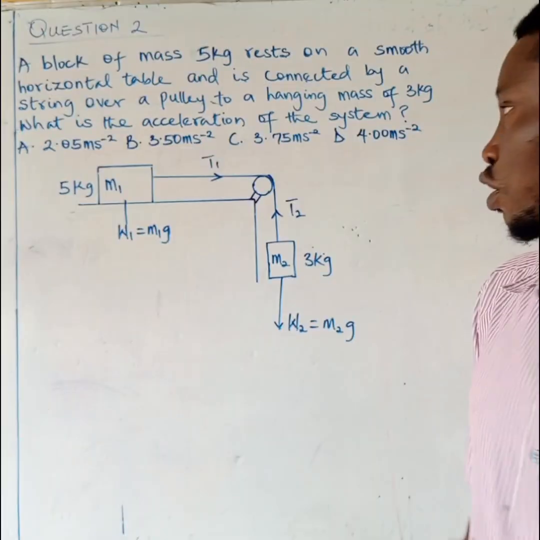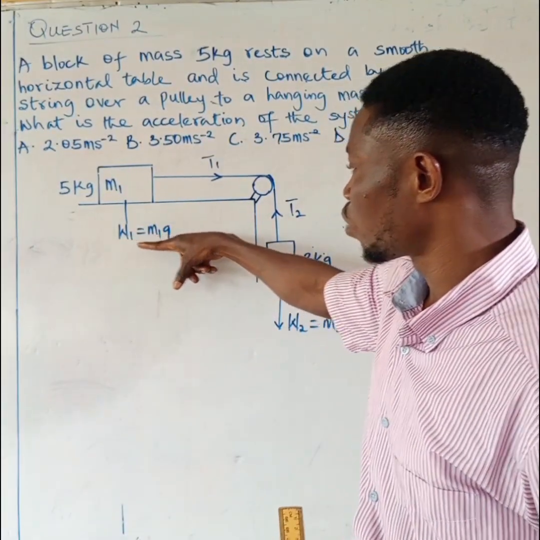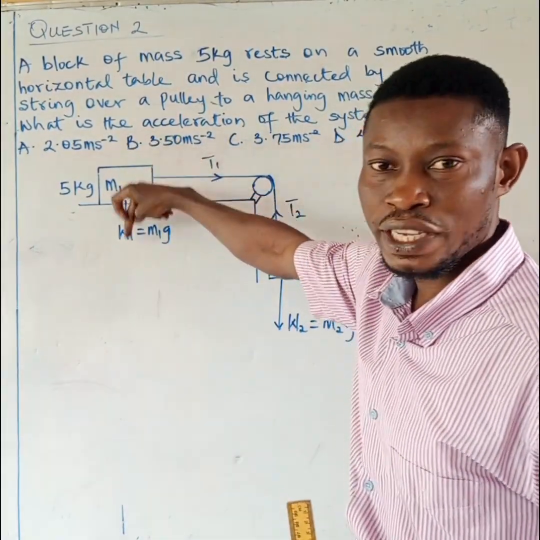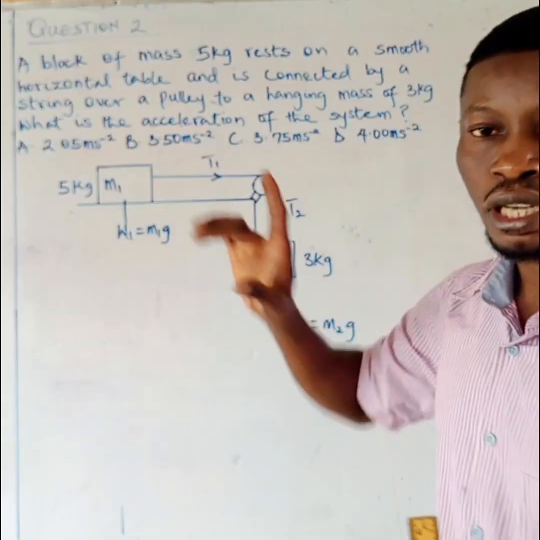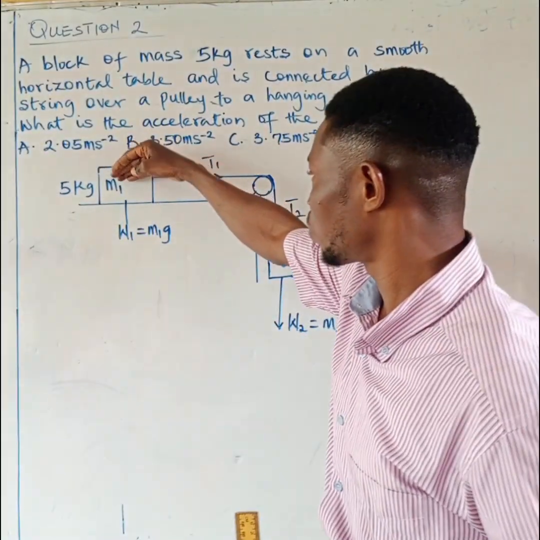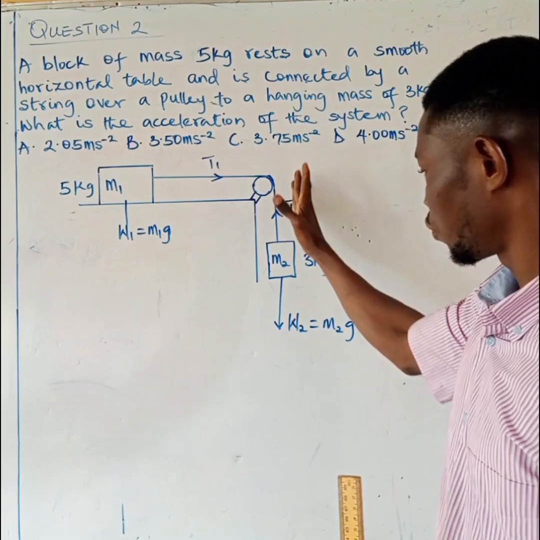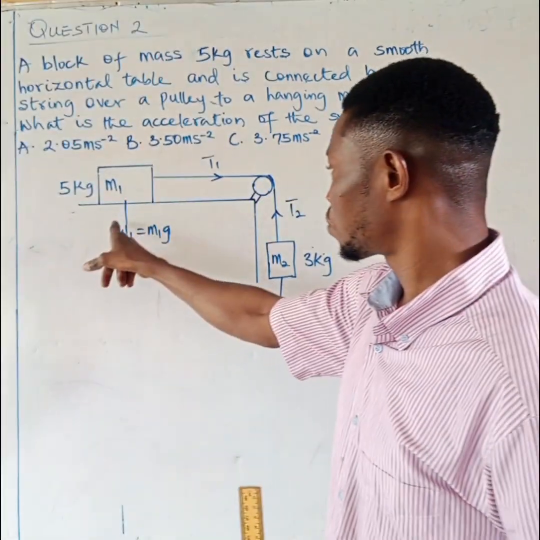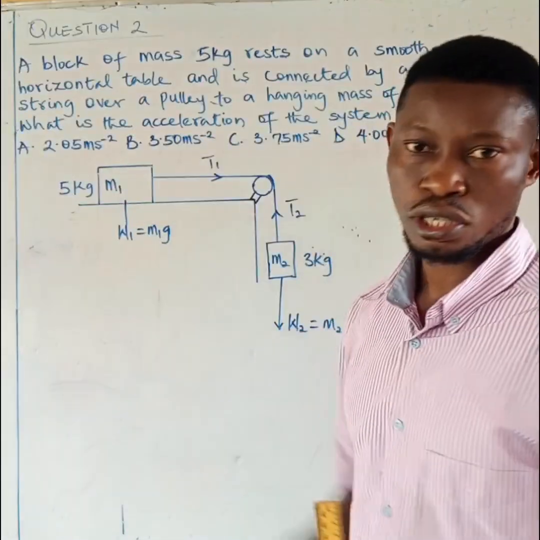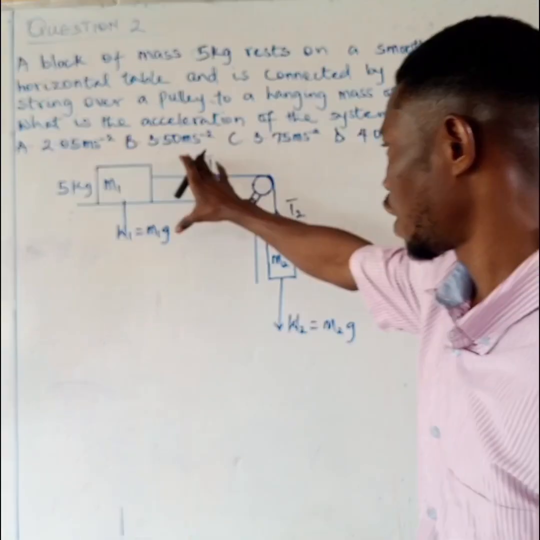But in this question, the weight W1 is not going to play any part in our solution because the mass M1 is moving horizontally while the mass M2 is moving vertically. So this weight is not going to play any role in our solution.